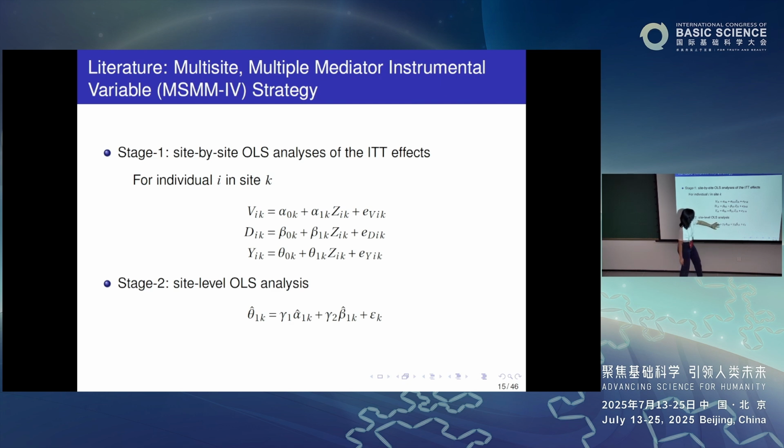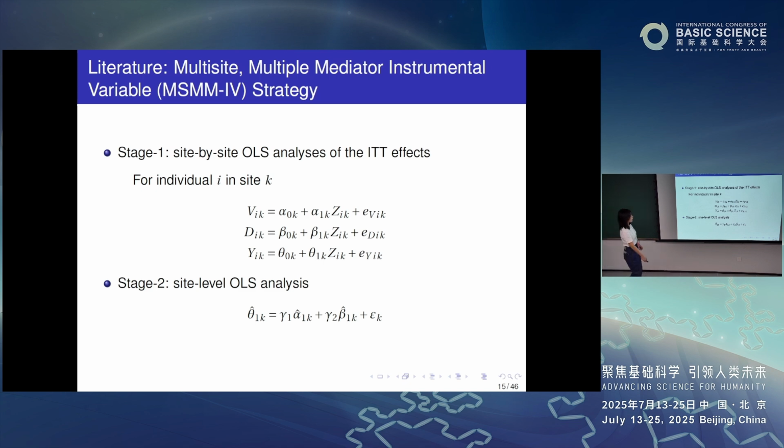You regress Z's impact on Y on Z's impact on D and Z's impact on V. And then gamma 1, gamma 2 recovers what you want, under, of course, some assumptions.